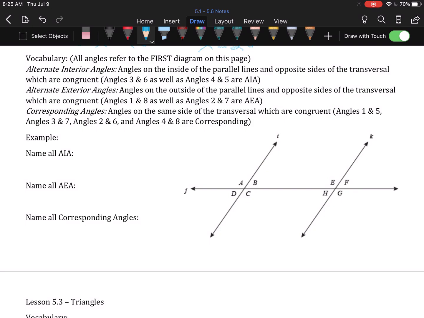Alternate exterior angles are angles on the outside of the parallel lines and opposite sides of the transversal. And corresponding angles are angles on the same side of the transversal that are congruent. That's a bunch of fancy wording.